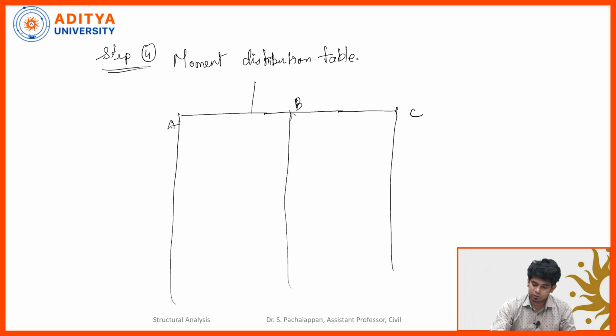Here I am going to put the distribution factor which we calculated. For BA we got 1 by 2, for BC we got 1 by 2. Then I am going to write the fixed end moment which we calculated earlier.